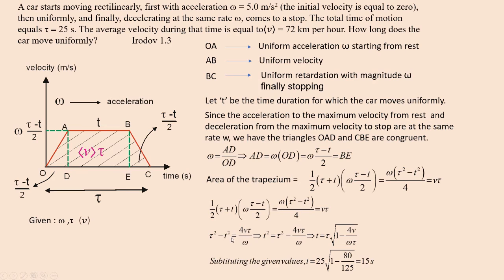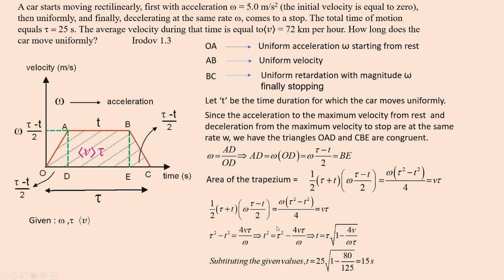So tau squared minus T squared is 4 v tau by omega. You want to find T squared, so take T squared to the other side and solve, and you will get T squared equal to tau squared minus 4 v tau by omega.